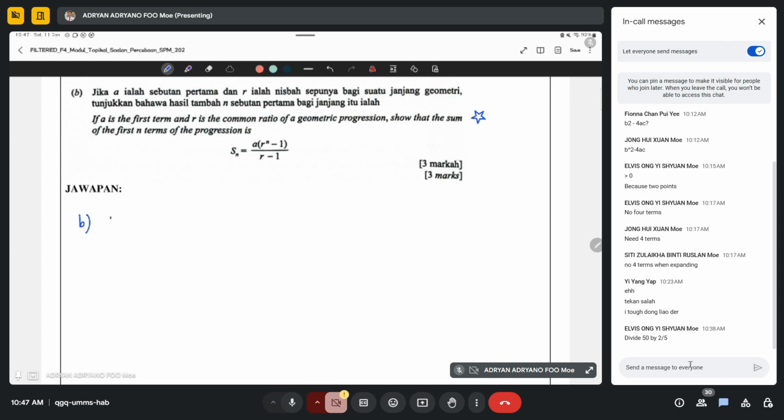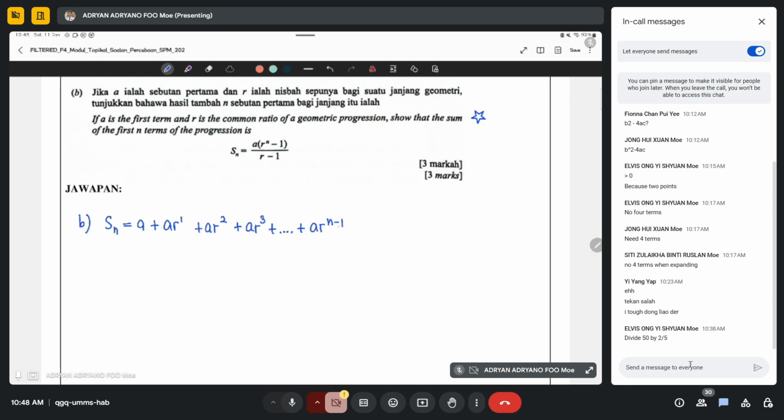Now let's look at B. How to write Sn in terms of AP or GP? It is GP, right? So how do we write this Sn? Let's say the first term we put A, then it becomes AR power 1, then AR power 2, AR power 3, and so on up to AR power n minus 1. You should understand this n minus 1.